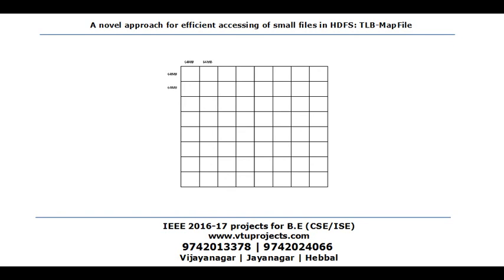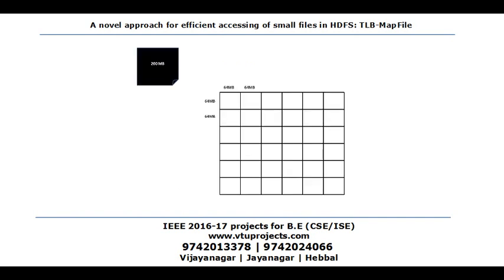This will be the first block, this will be the second block, this will be the third block, and this will be the fourth block. So the entire memory available in Hadoop is divided into 64 MB blocks. Now, if we give 200 MB of file to this machine, how will it actually be stored?